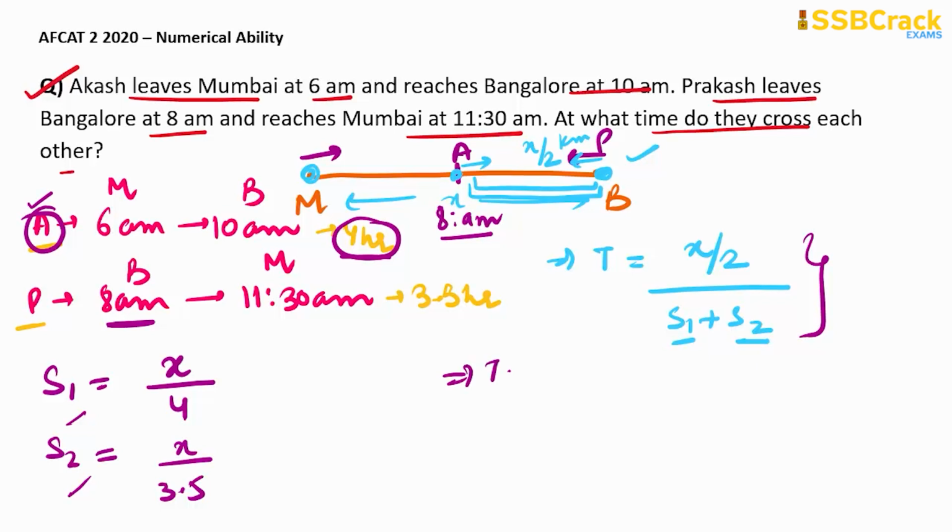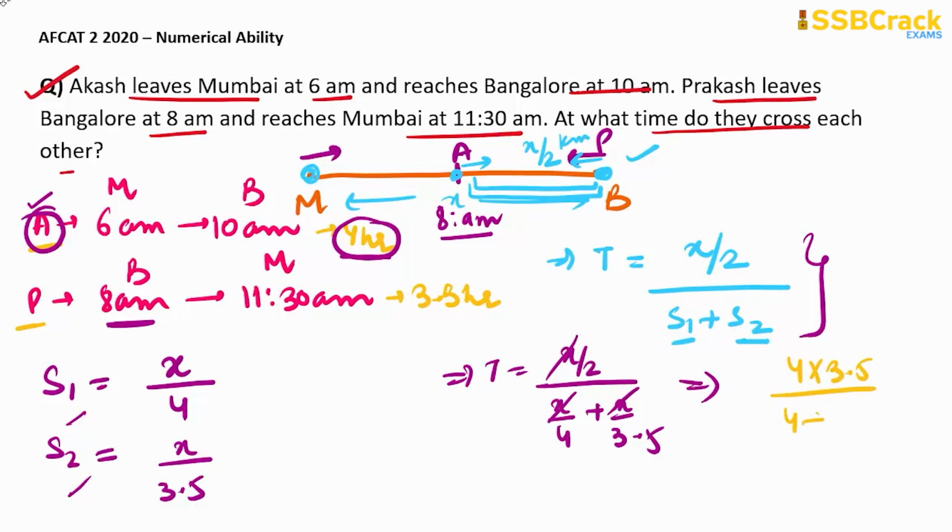So it will be t is equal to x by 2 divided by x upon 4 plus x upon 3.5. This x will cancel out with this x, and it will be equal to 4 into 3.5 divided by 4 plus 3.5 into 2.